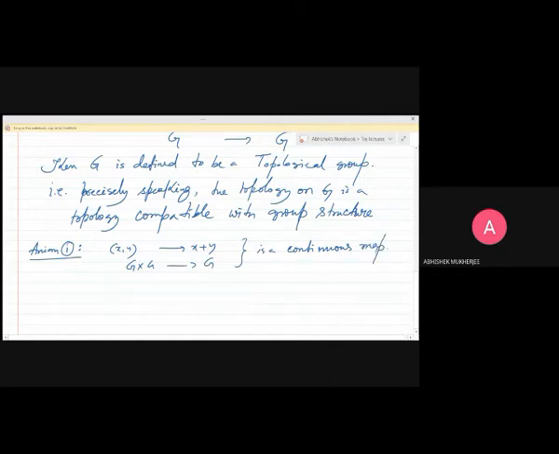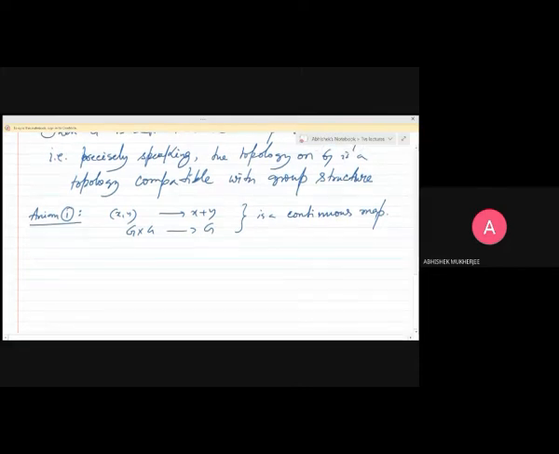That means for any neighborhood W of x plus y, you are going to consider any neighborhood around x plus y.